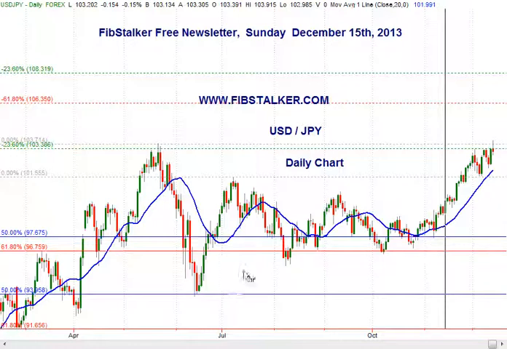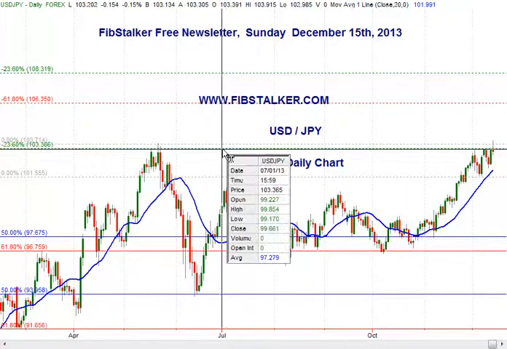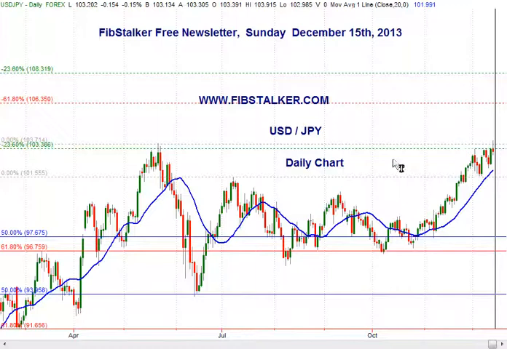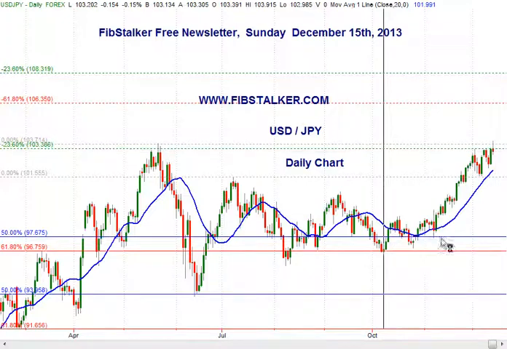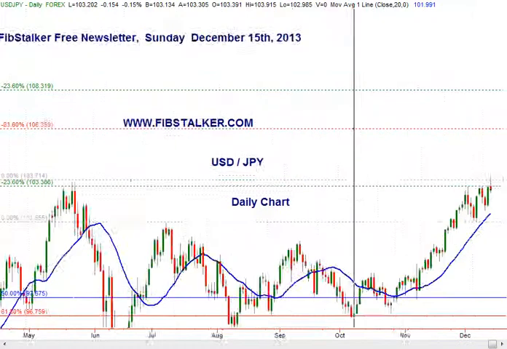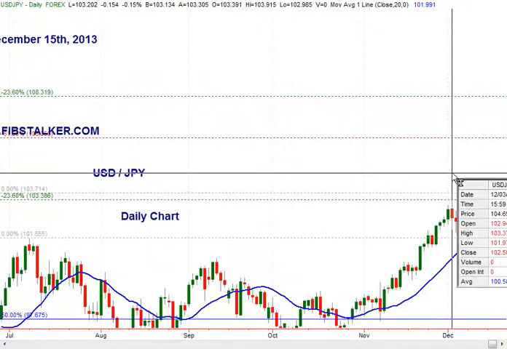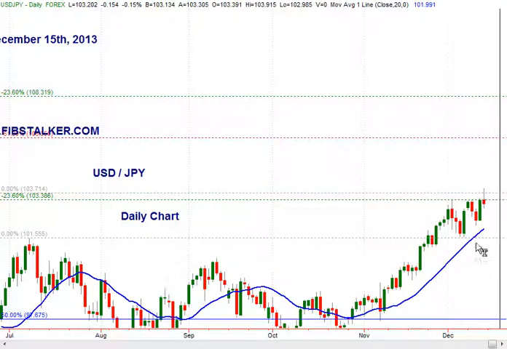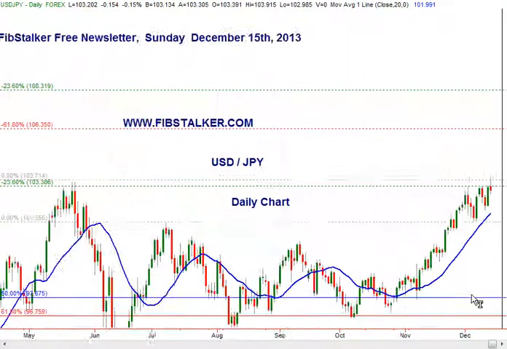I told subscribers that thanks to this move we would see price at previous highs, because the first target for this move, 103.38, was touched to the pip a couple of weeks ago, on December the 3rd. Then we had this first profit taking, and price kept pushing higher.